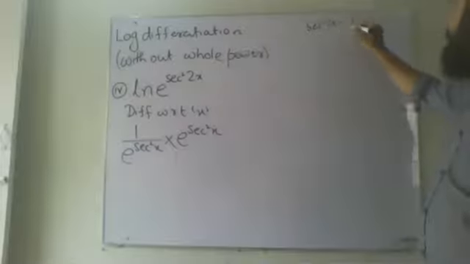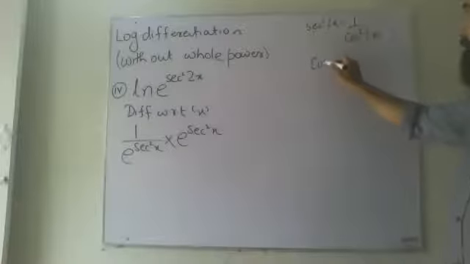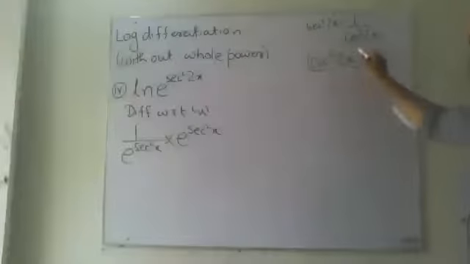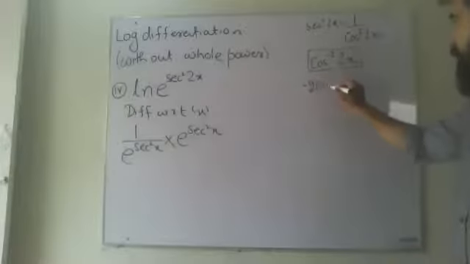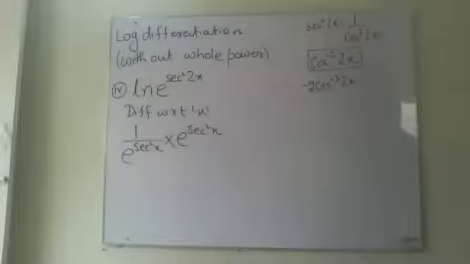Sec square 2x can be written as 1 over cos square 2x. And when I shift it over here, it will become cos to the power minus 2, 2x. So now I have to differentiate this thing. Whole power is minus 2.